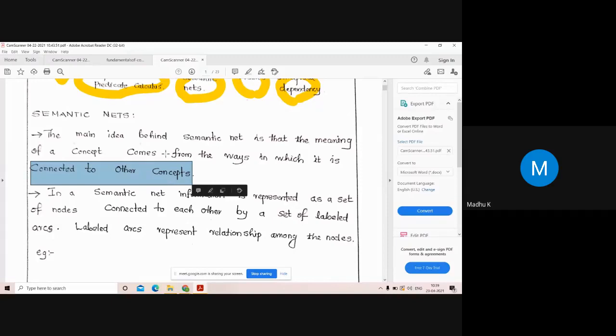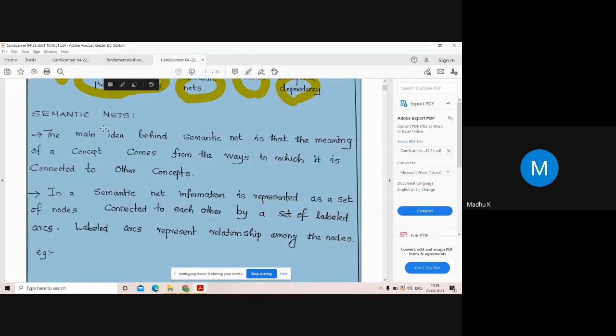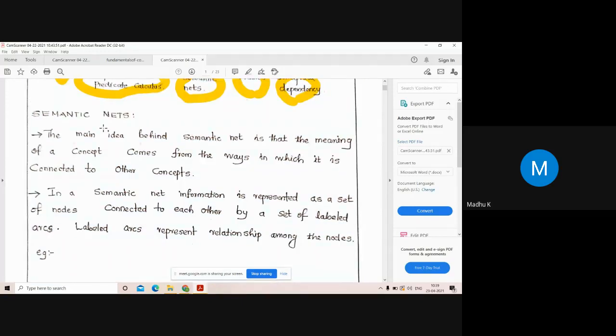Based on this idea, the semantic net is introduced. So, what is a semantic network? First we discussed the big idea: the meaning of a concept comes from the ways in which that concept is related to other concepts. Okay. Semantic networks use that idea.